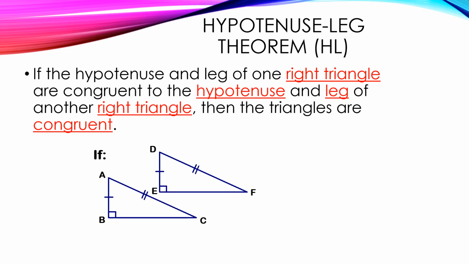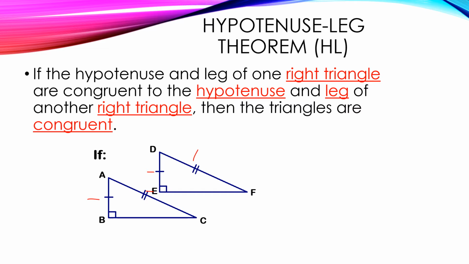So the hypotenuse leg theorem is: if the hypotenuse and leg of one right triangle are congruent to the hypotenuse and leg of another right triangle, then the triangles are congruent. So if you look, we have angle side, angle side, or side angle, side angle.